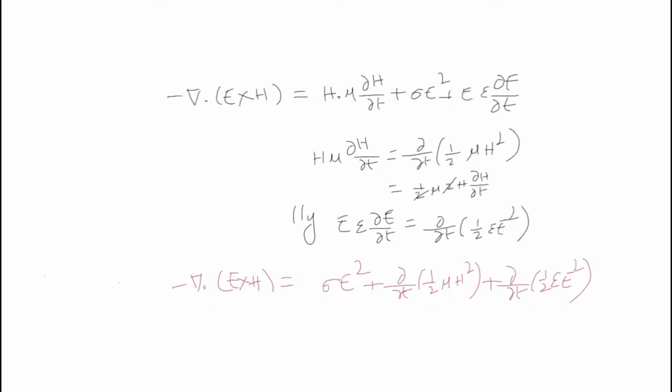Finally, let us apply volume integral on both sides, or multiply with the minus sign on both sides. We can write here minus into minus becomes a plus, and apply volume integral on both sides.